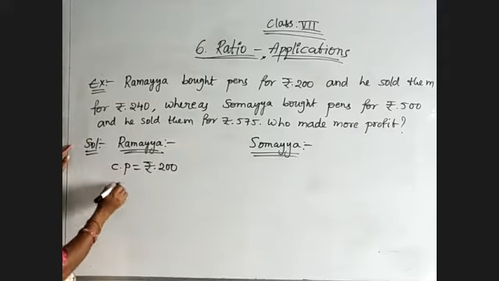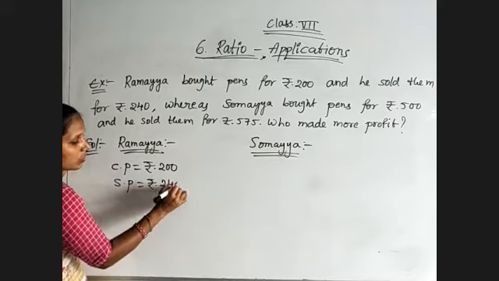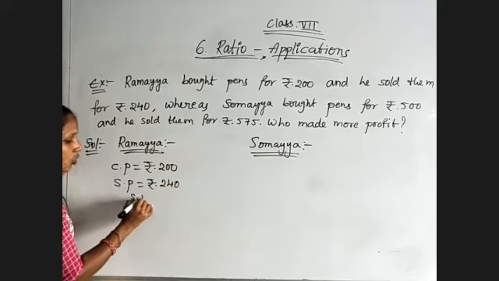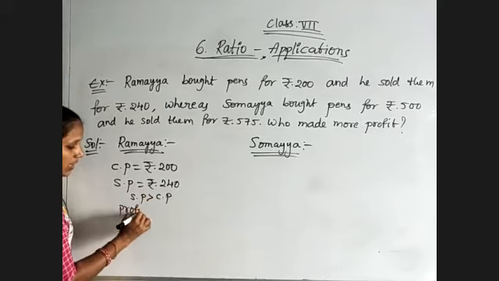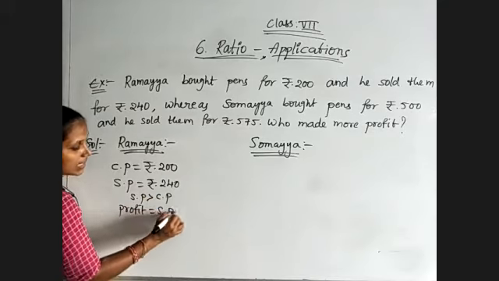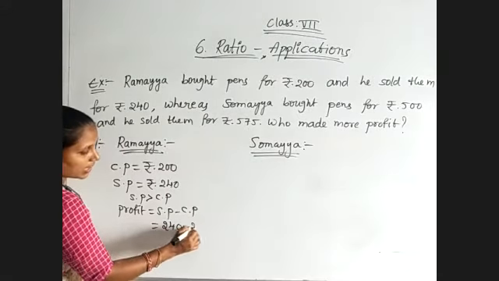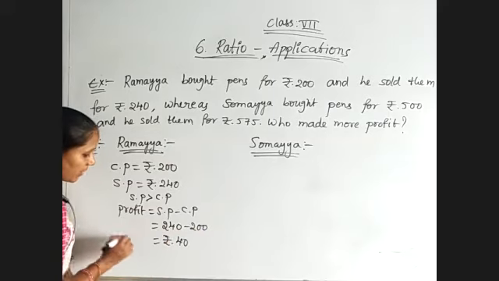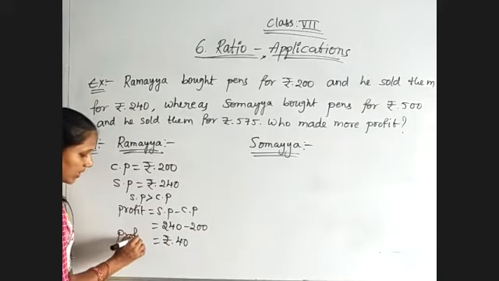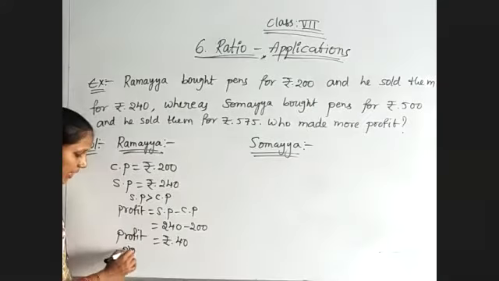And SP of pens is equal to 240 rupees. So SP is more than CP. Therefore, profit is equal to SP minus CP, then 240 minus 200 rupees, which is nothing but 40 rupees of profit he is getting. But it is not sufficient, so profit percent we have to calculate.